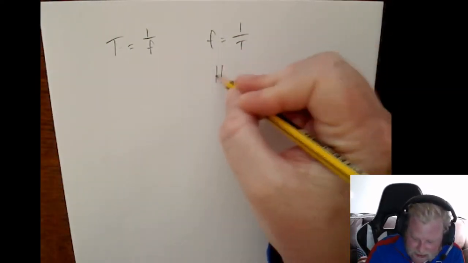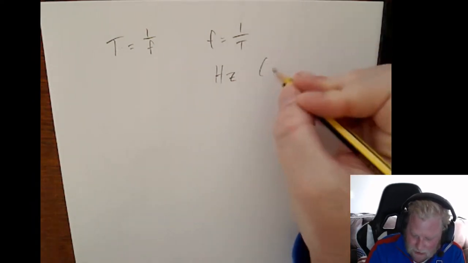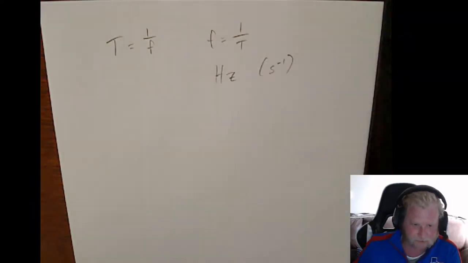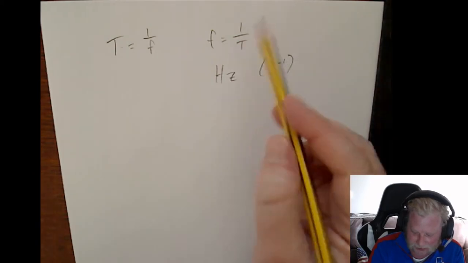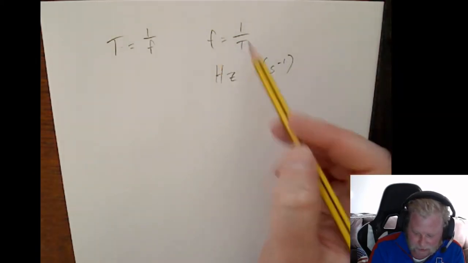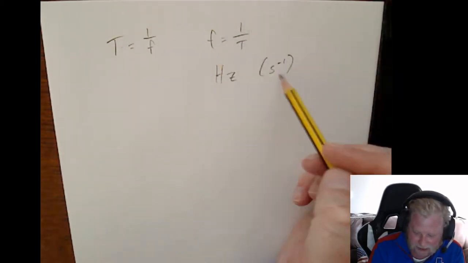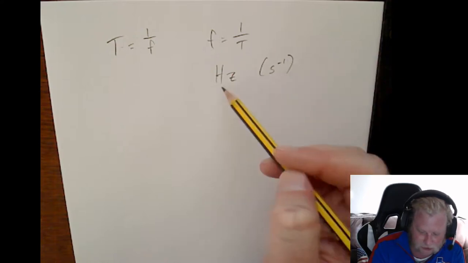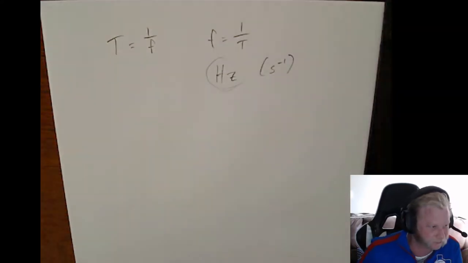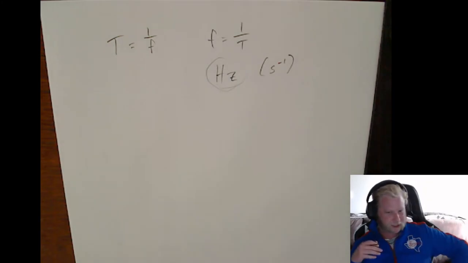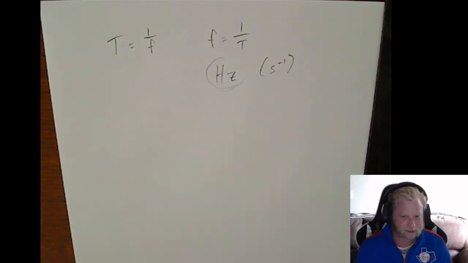So hertz is going to be capital H, lowercase z, which is just an inverse second. And it's an inverse second because notice frequency is 1 over period. Period is measured in seconds, so 1 over second gives you that inverse seconds, or the unit we created for it called hertz. So period is seconds per cycle, whereas frequency is cycles per second.